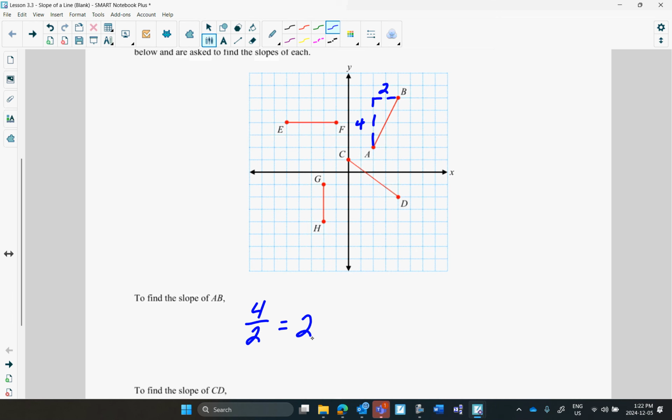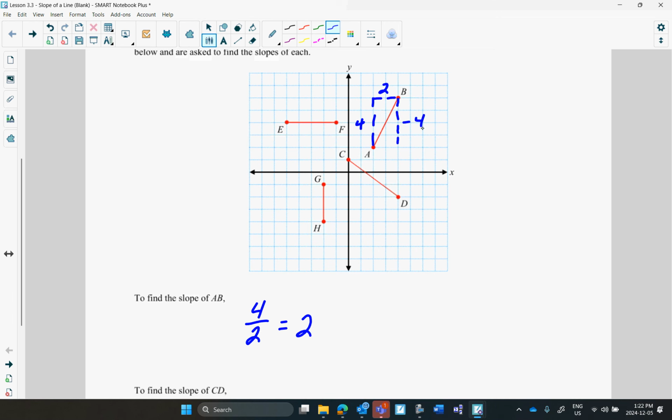We would get the same answer if I went from here to here, from B to A, because it has to be the same slope. Think of it this way. How much would I rise if I'm moving from B to A? How much would I move vertically? How much is this? 4, but it's down, isn't it? So it's -4.